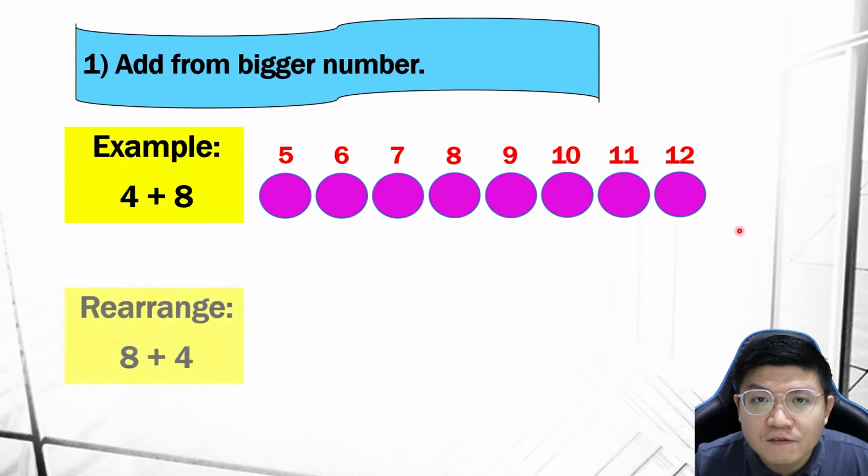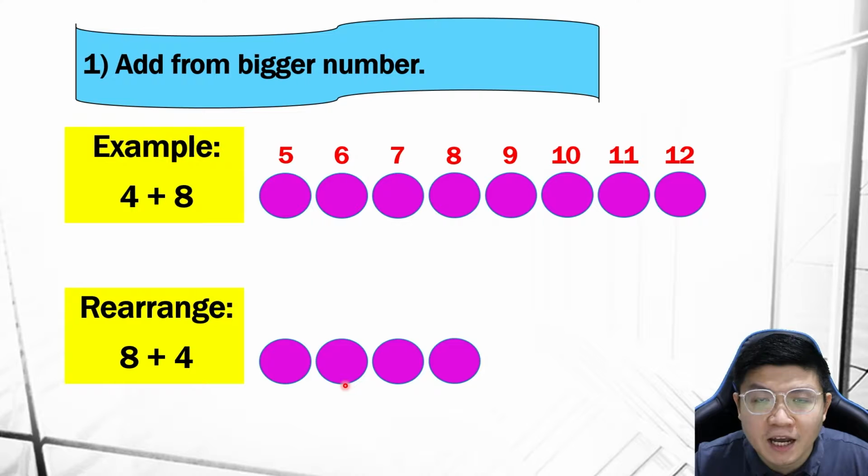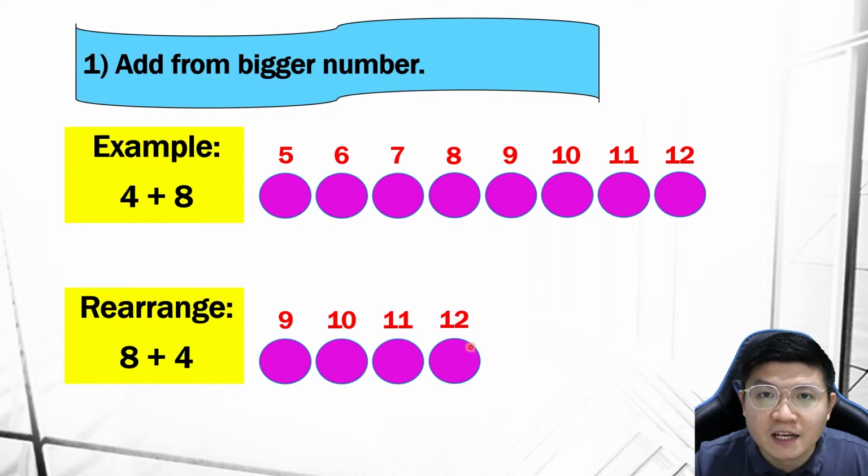But what if I try to arrange from the bigger number first, which is 8 plus 4? Therefore, I only imagine there are 4 pictures there, and I start to count after 8, which is 9. So 9, 10, 11, 12. Yes, I also get 12. So it actually saves some time here.